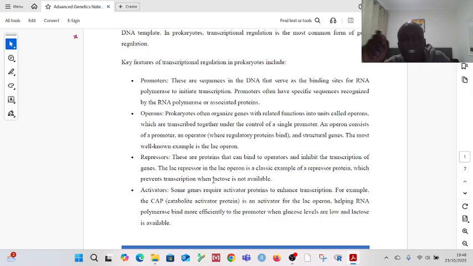RNA polymerase ikishikana na promoter, hapo ndio itasomwa, transcription itafanyika. So kazi ya activator ikishaenda ibind kwa operon, section of the operon, inaongeza the efficiency with which the RNA polymerase can actually lead to the reading or the transcription process.